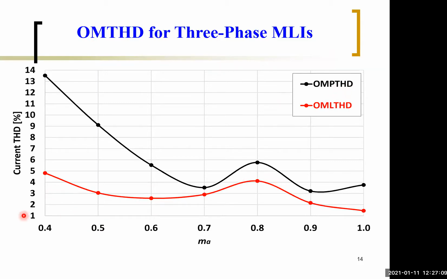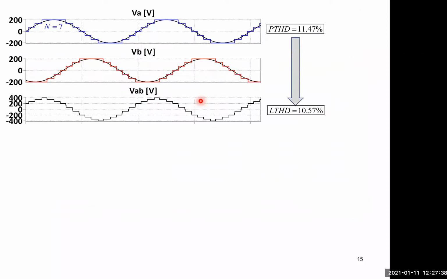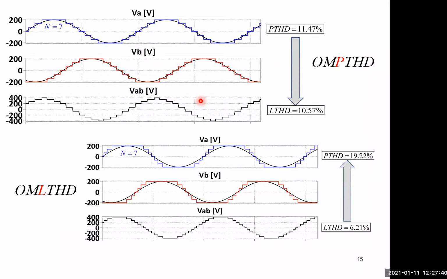And the red curve is the same case, but this time OM-THD was optimized by applying the optimization directly to the line voltage, VAB, VBC, or VCA. As you can see, the difference in current THD is very significant. This is 5 and 13. This is 250% relative. So for the whole modulation depth range, for three-phase inverters you want to apply OM-LTHD rather than OM-PTHD.